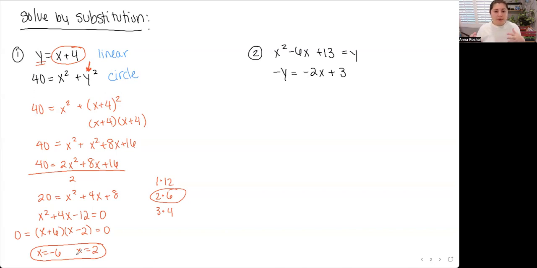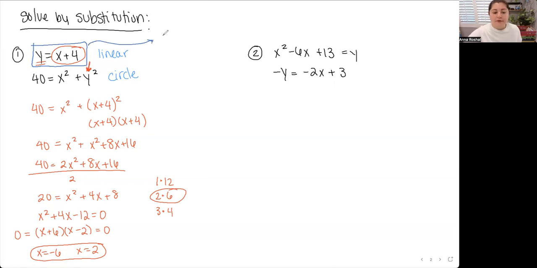And in order for us to have a point, we need both x and y. So we are now going to take both of these, not just one, both, and place both of these x values into my original equation.